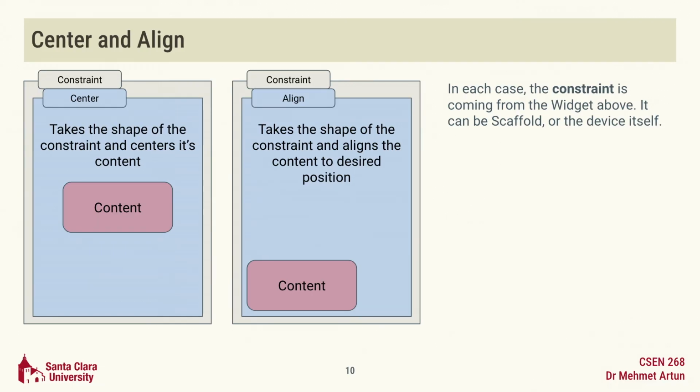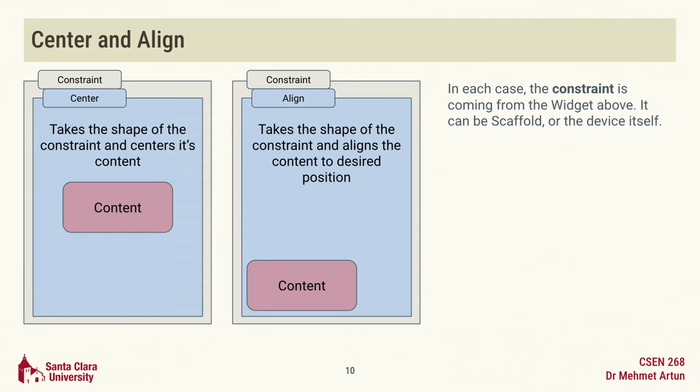So I'm talking a lot about this sizing and occupying space, etc. Right? So you have to really think in terms of these things. So there are two widgets, center and align, and what they do is whatever constraint they are given, they automatically occupy that space. Okay? So the center, for example, if you have the body of a scaffold and the first widget you put in is the center, it occupies the entire space immediately.